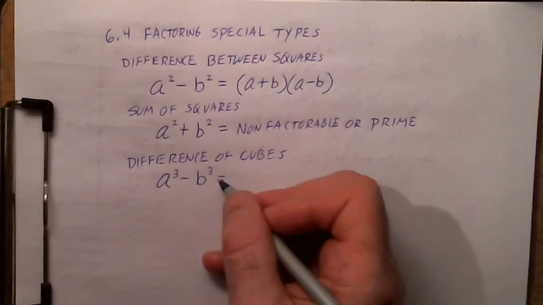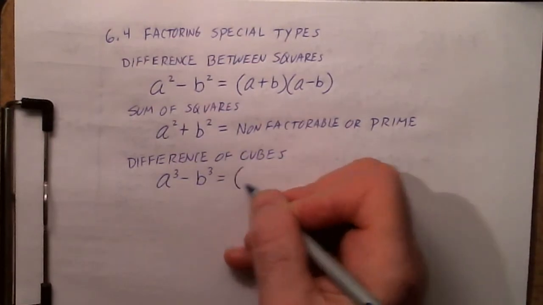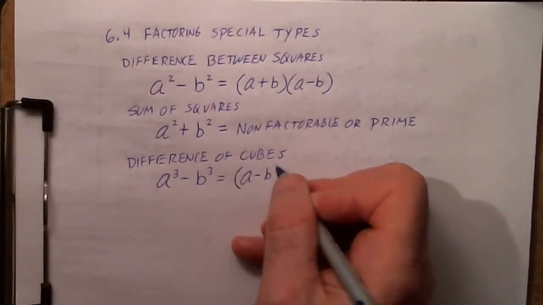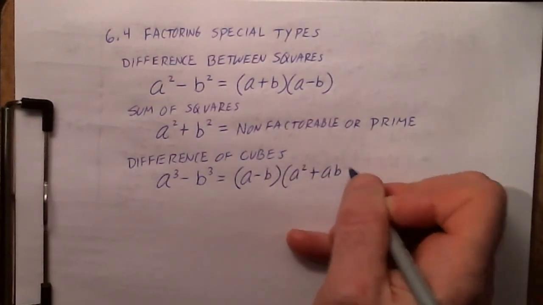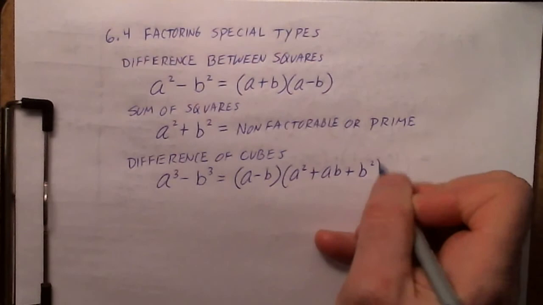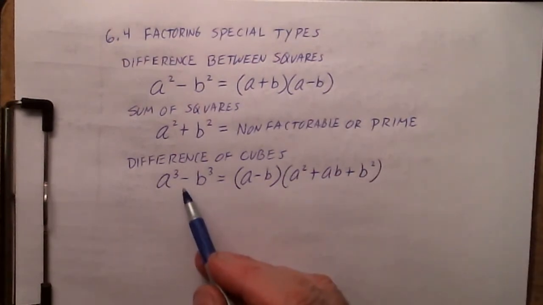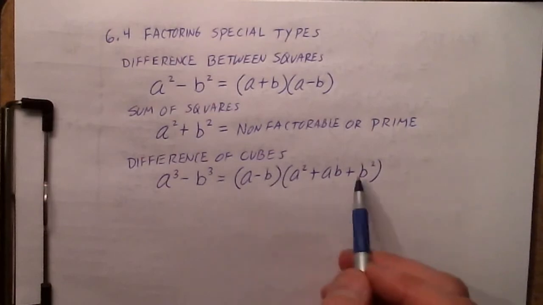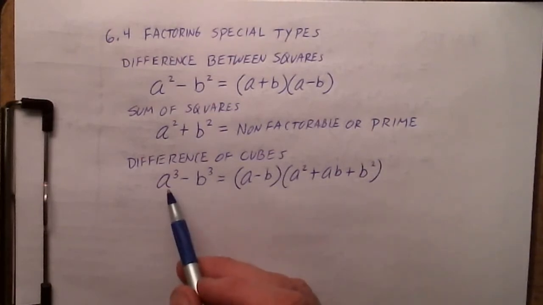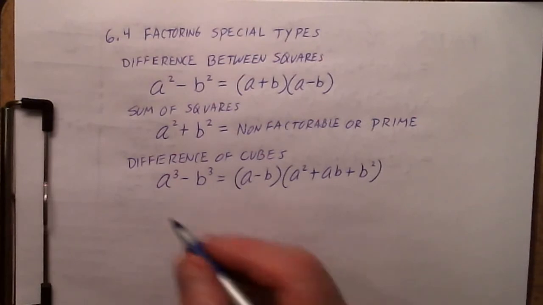The difference of cubes in general always factors according to this pattern. This is how the difference between two cubes always factors. If you were to take the time and multiply this all back out and gather together like terms, you would discover that you would get back a cubed minus b cubed.